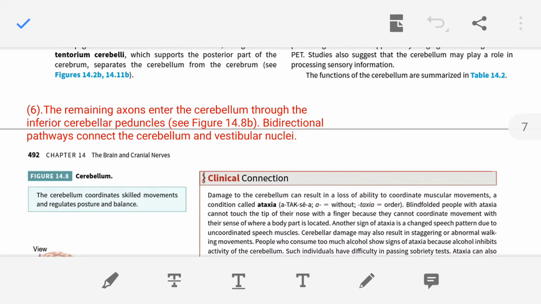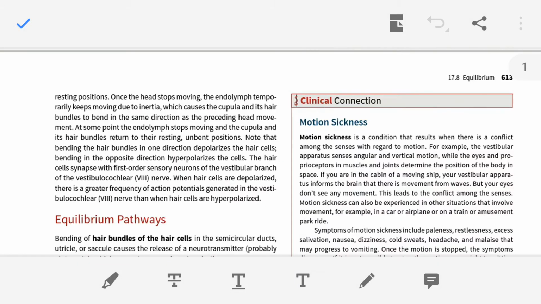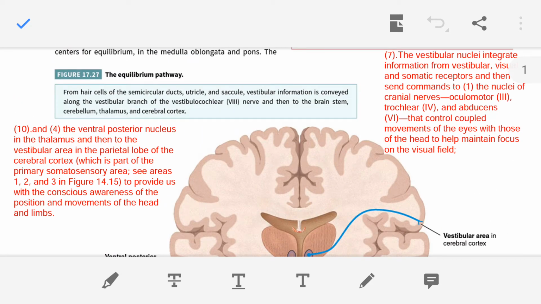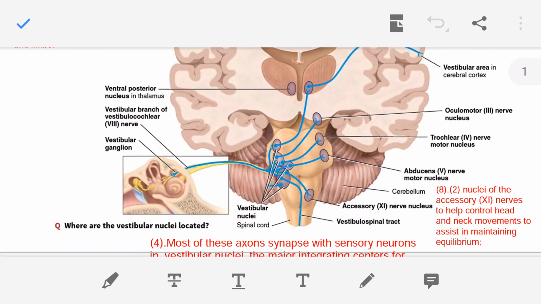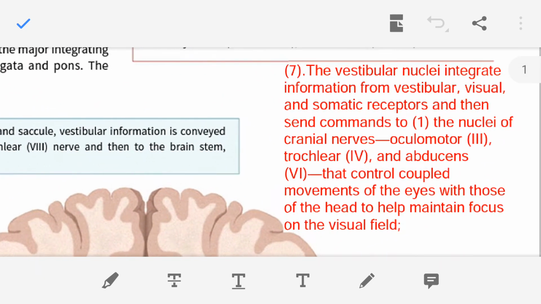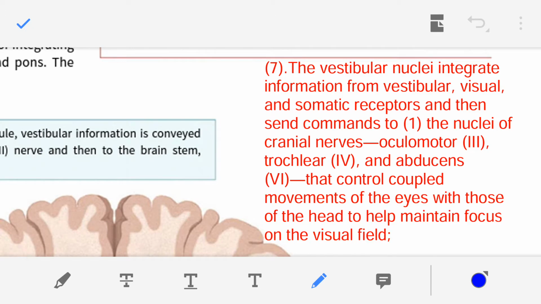Now the seventh point. See, the vestibular nuclei: what are they doing? The vestibular nuclei integrate information received from the vestibular apparatus, visual information from the eye, and somatic, that means bodily, information from the limbs. So the vestibular nuclei receive inputs from the vestibular apparatus, that means the utricle, saccule and semicircular duct, the eye and the limb.